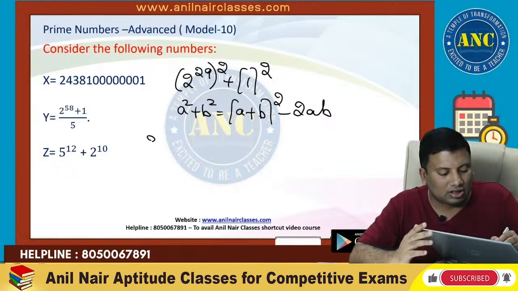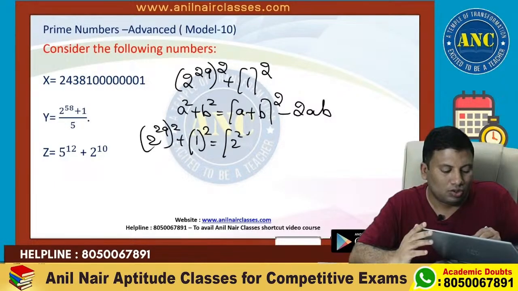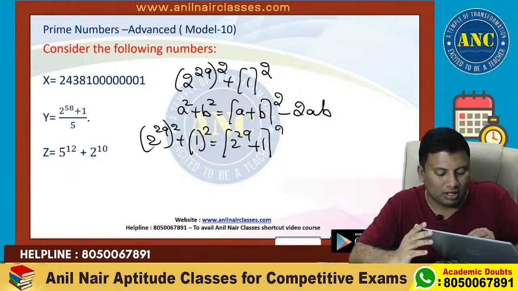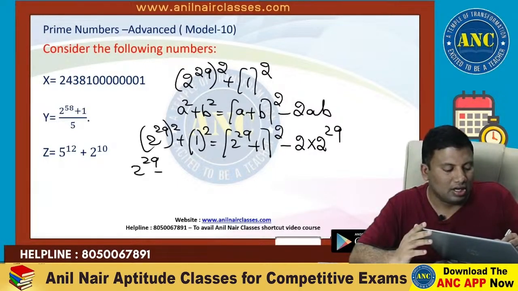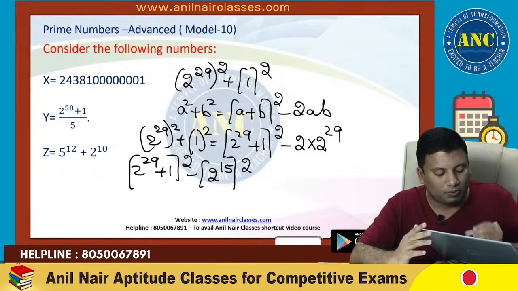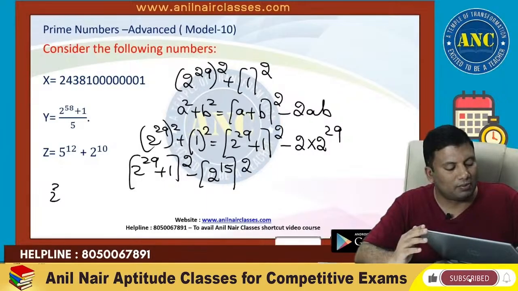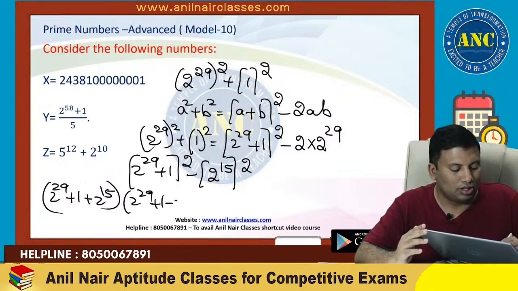So this is (2 power 29 plus 1) whole square minus 2 into 2 power 29, which is (2 power 29 plus 1) whole square minus 2 power 30. So it is (2 power 15) square, and a square minus b square is (a plus b) into (a minus b).